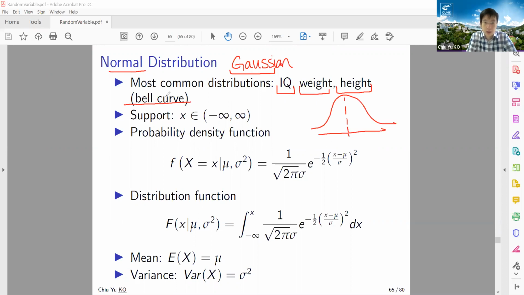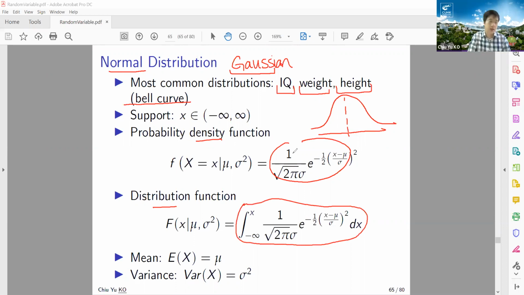And the bell curve has a very complicated function, and it looks like this. The distribution function is also like this, and these two are so complicated. There's no way to calculate by hand. To calculate the area, there's no formula to plug in directly to get the answer.